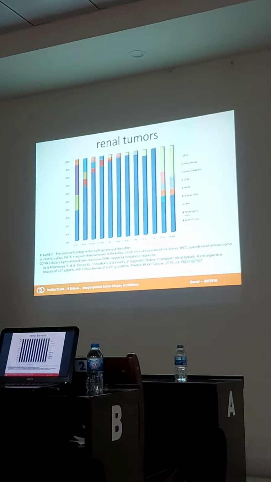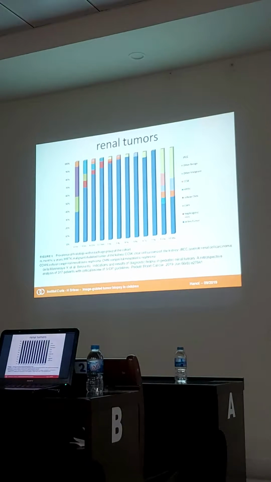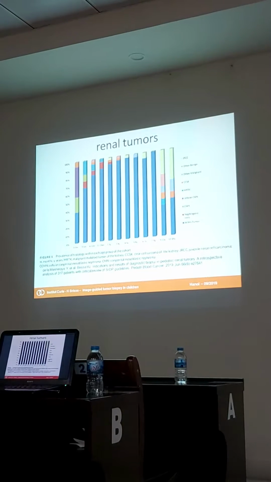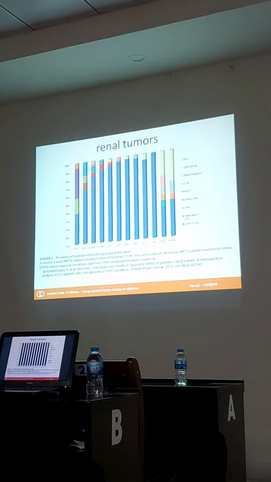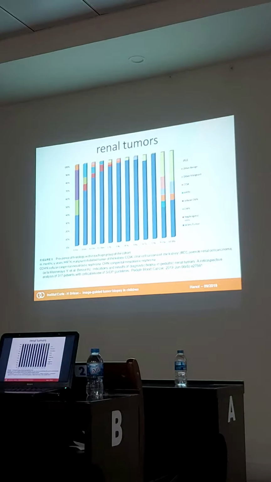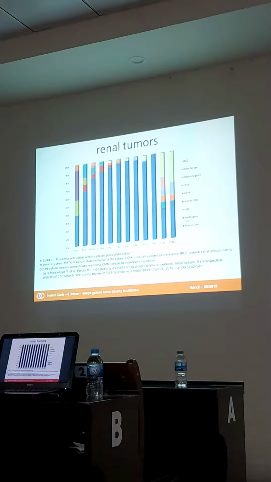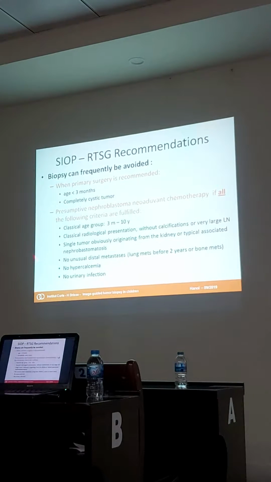So if it's a typical presentation, you don't need to perform biopsy. After the age of 9, of course, the situation is quite different. You can find some other histologies, especially renal carcinomas, so you usually perform biopsy. But it should be a typical presentation. The age is not enough.